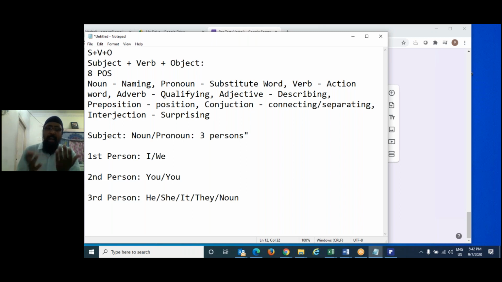Now, why are they segregated as first person, second person, or third person? Whenever we speak, or interact, or write, we talk about self first. Or if we are representing a group, we talk about the group. So the one who initiates is always the first person.